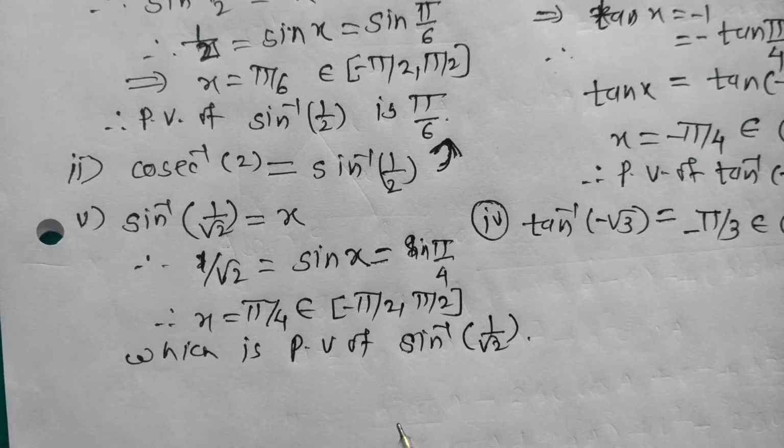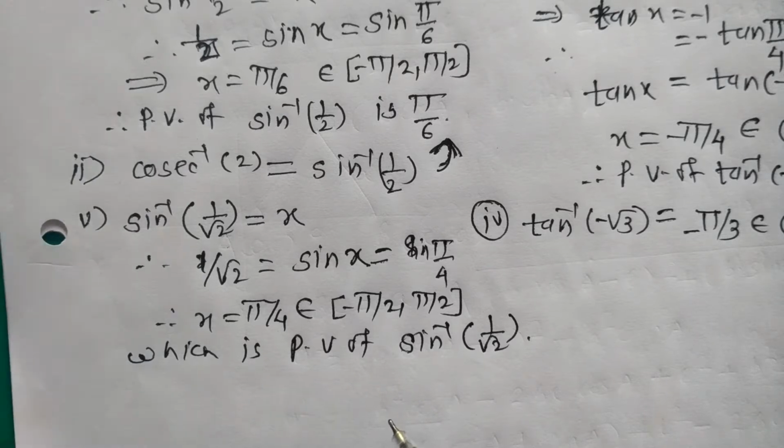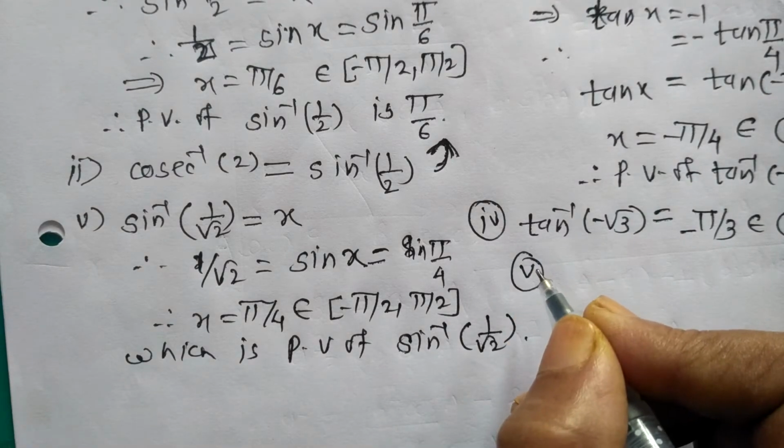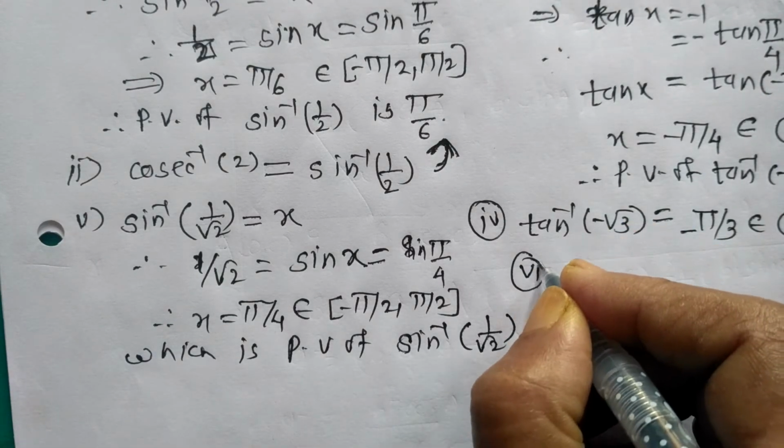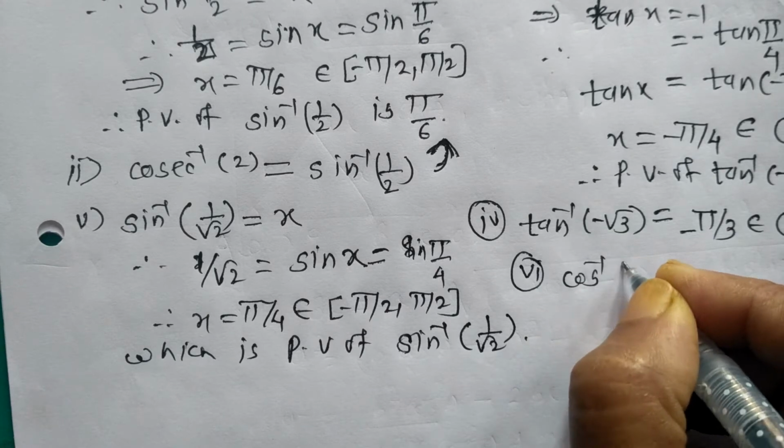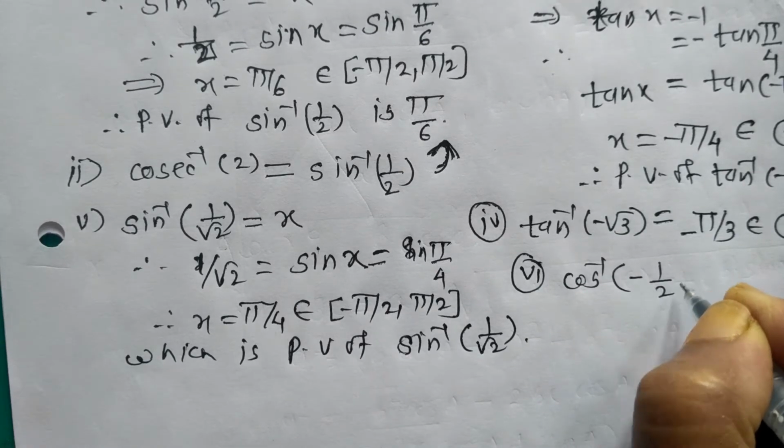Now the next function is cos inverse of minus half. You may use some properties here. So the sixth question is cos inverse of minus 1 by 2.